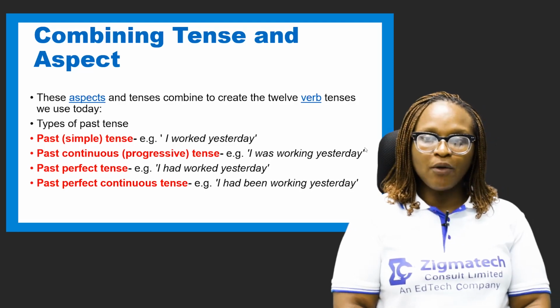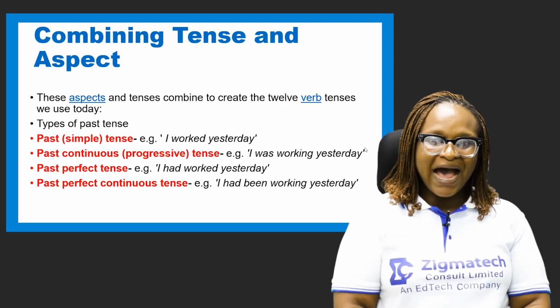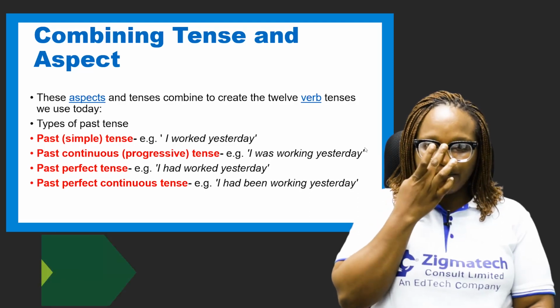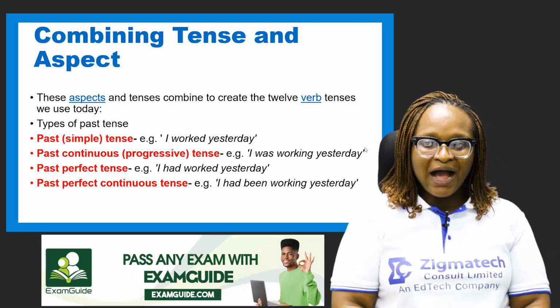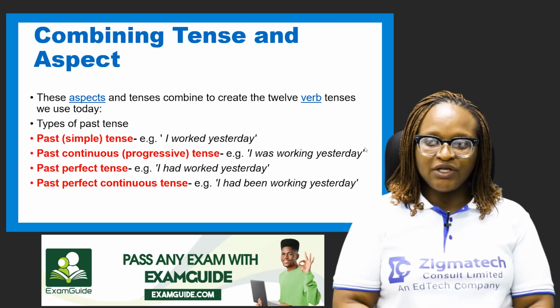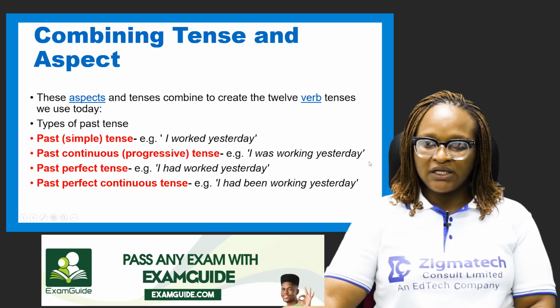To form your past perfect, always have it at the back of your mind that had must be there, had been has to be there. But if you are forming past continuous, you have your ing. All right? I had been walking yesterday. That's for past continuous tense.